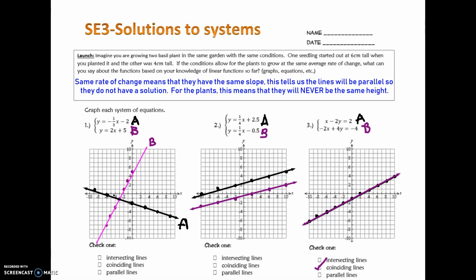So in this case, there isn't no solution, there isn't one solution, because all of the points match for both lines. We say that this is an infinitely many solutions situation. So it would have infinitely many solutions. These are the three different cases for solutions to systems of equations.